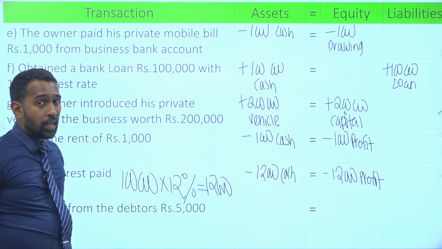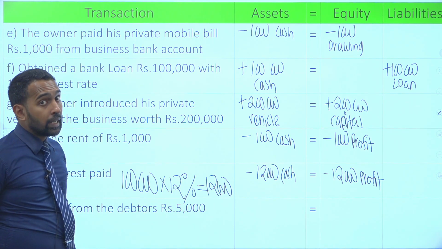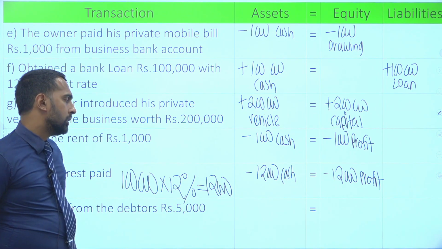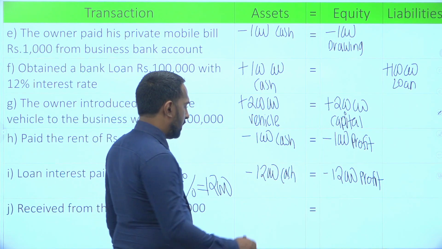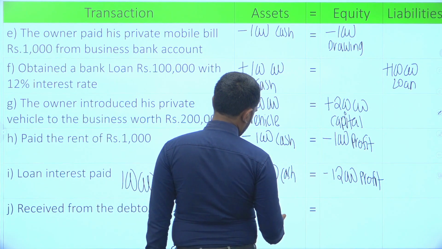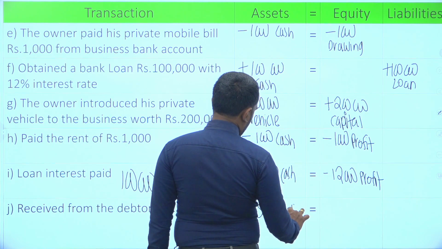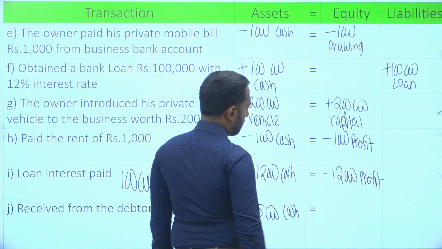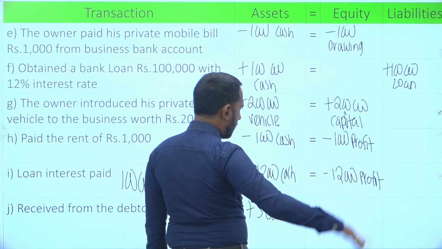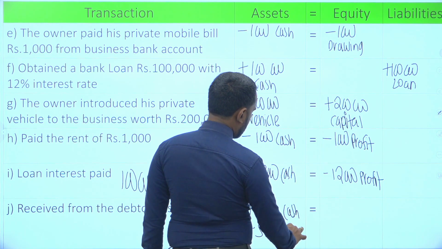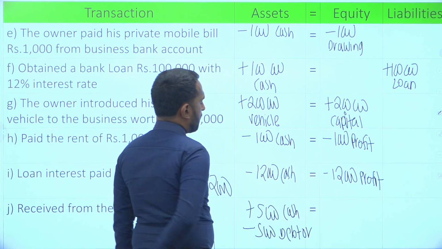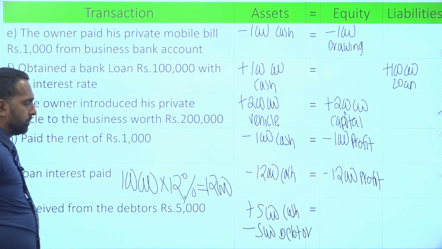So it created an indebtedness of a person called a debtor. That guy has settled 5,000. So one side I am getting cash, and on the other side the amount due from that person comes down. So minus 5,000 debtor.